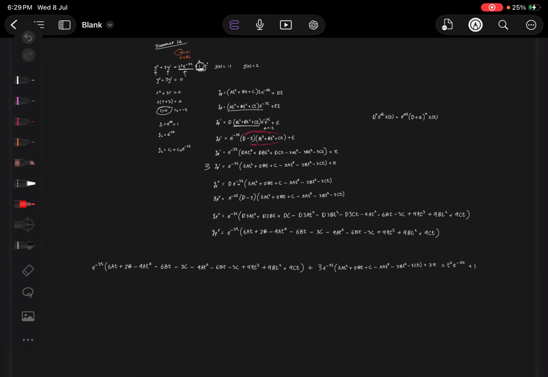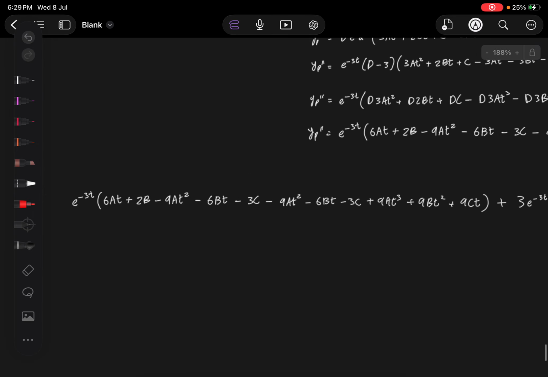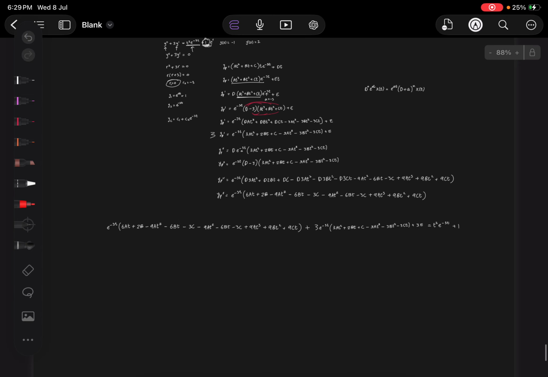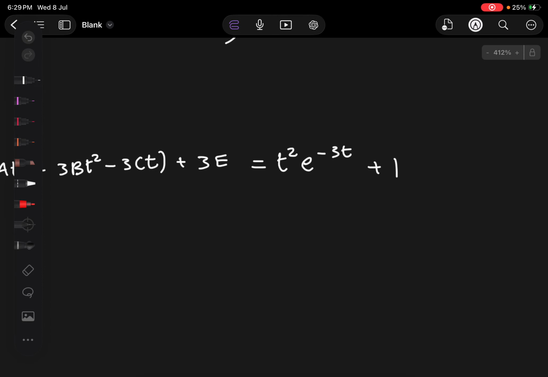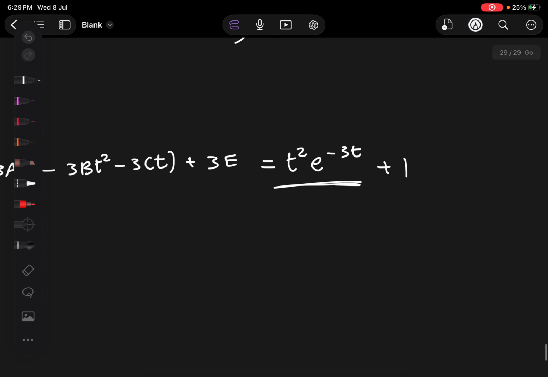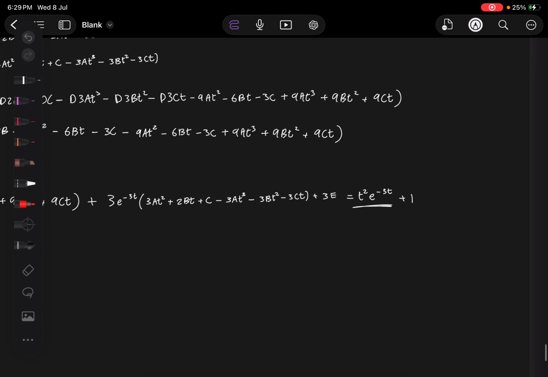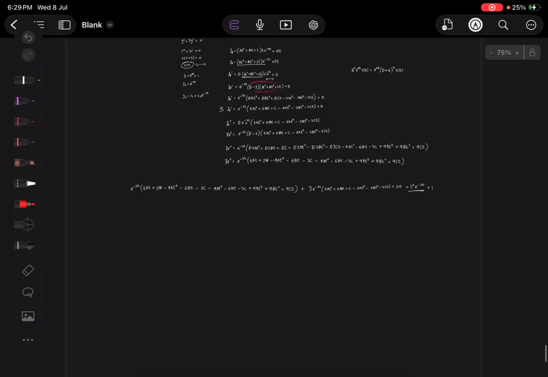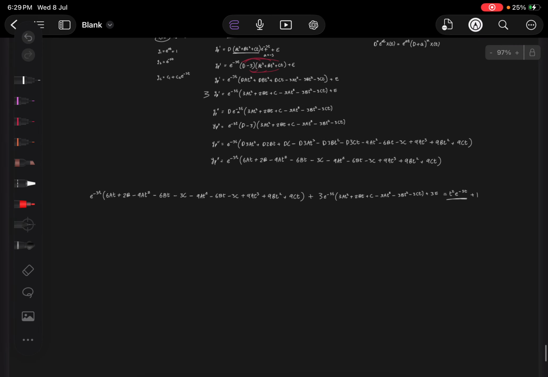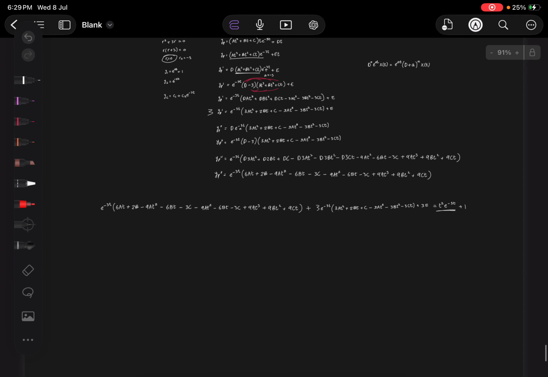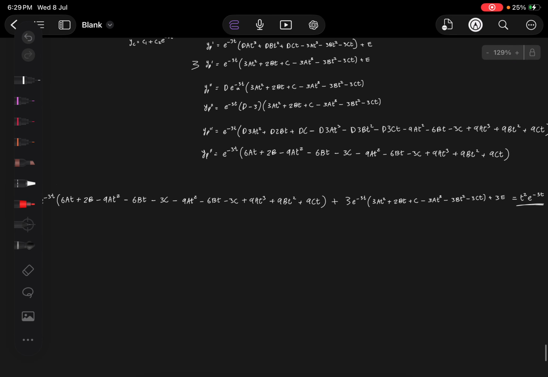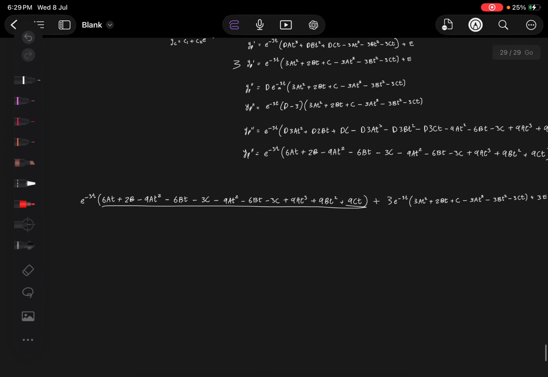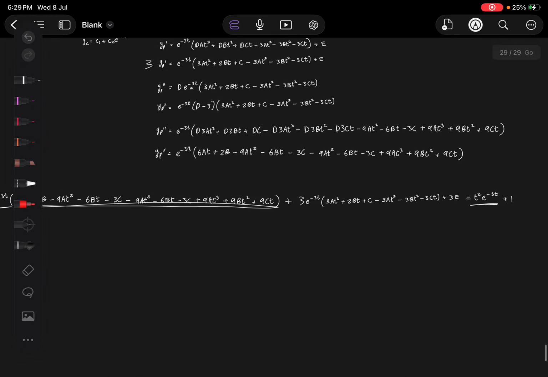Now, let's match the coefficients. So here we have t squared times e to the 3t. First you can see that everything in these parentheses is multiplied by e to the negative 3t.